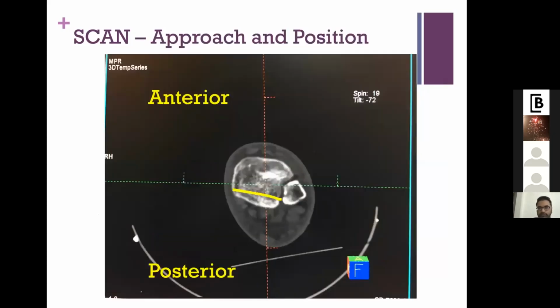For example, when you are taking a transverse section 3 mm above the joint line, you should see whether the fracture line is in the anterior part or the posterior part. That will give you an idea whether you want to approach this fracture anteriorly or posteriorly, and it also indirectly gives the patient position that you should use during the surgery.